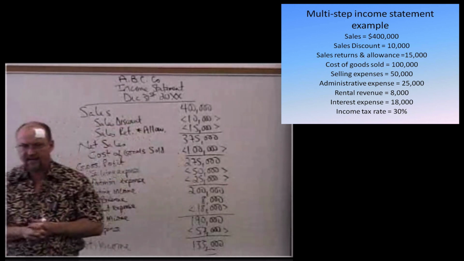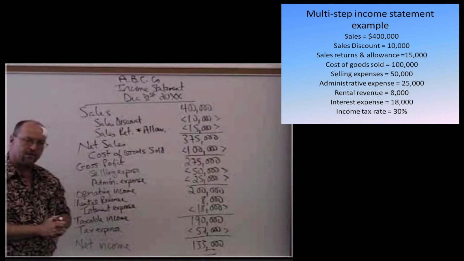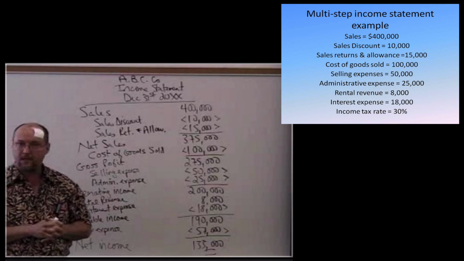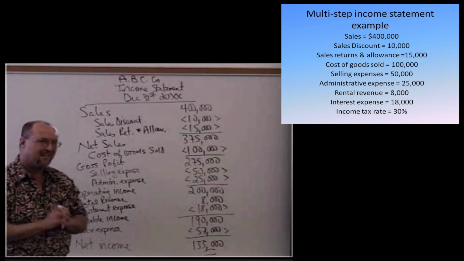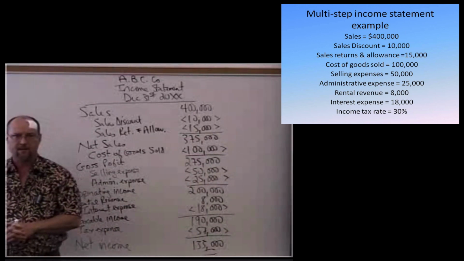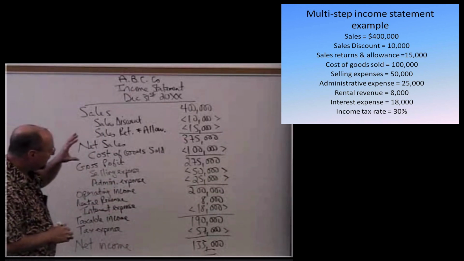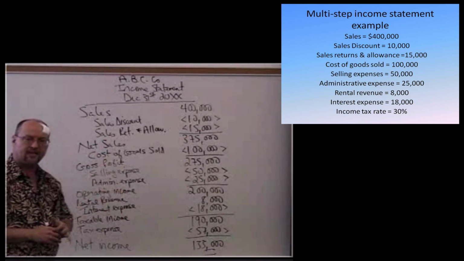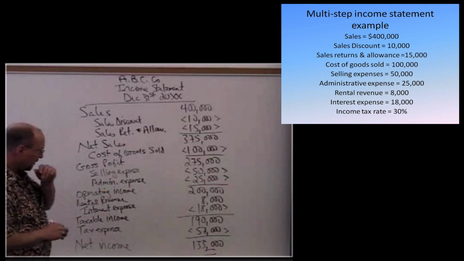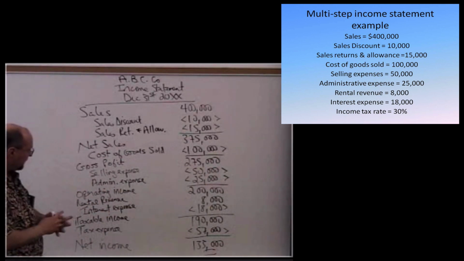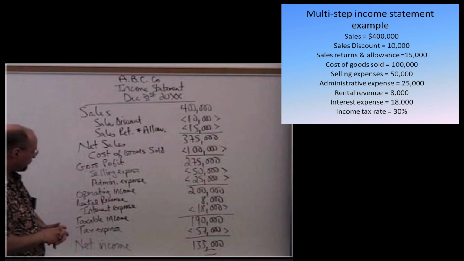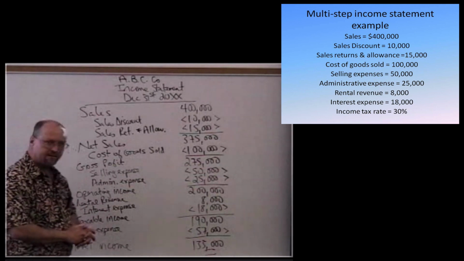In financial accounting, it's important that when the class is over, since most people who take financial accounting are business majors, not necessarily accounting majors, they want to understand how to construct and interpret financial statement information. So your ability to create an income statement and to understand what the numbers represent are very important.